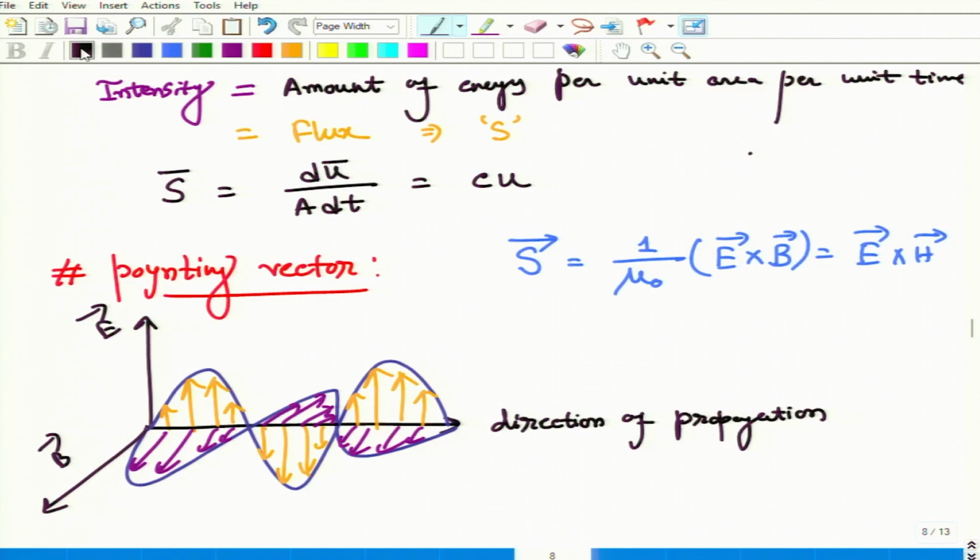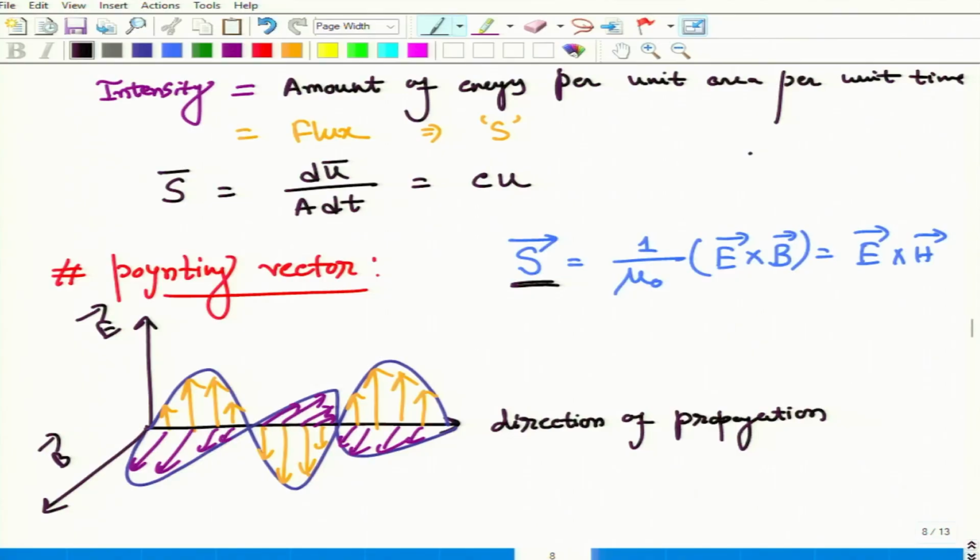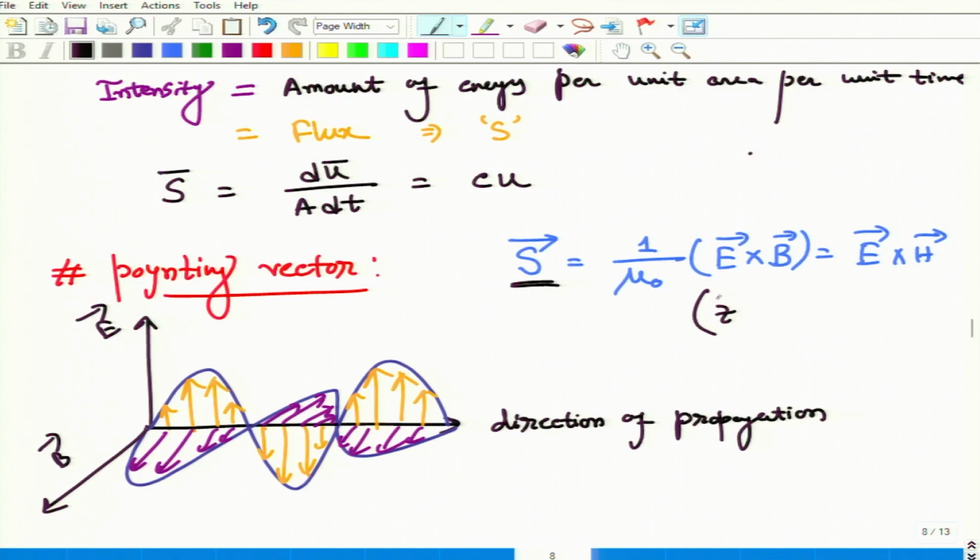Now here the Poynting vector is defined like this. E is in this direction, along the z axis, and B is in this direction. Then what will be the direction of E cross B? If we apply the right hand rule, E cross B is along x direction, since E is along z and B is along y.